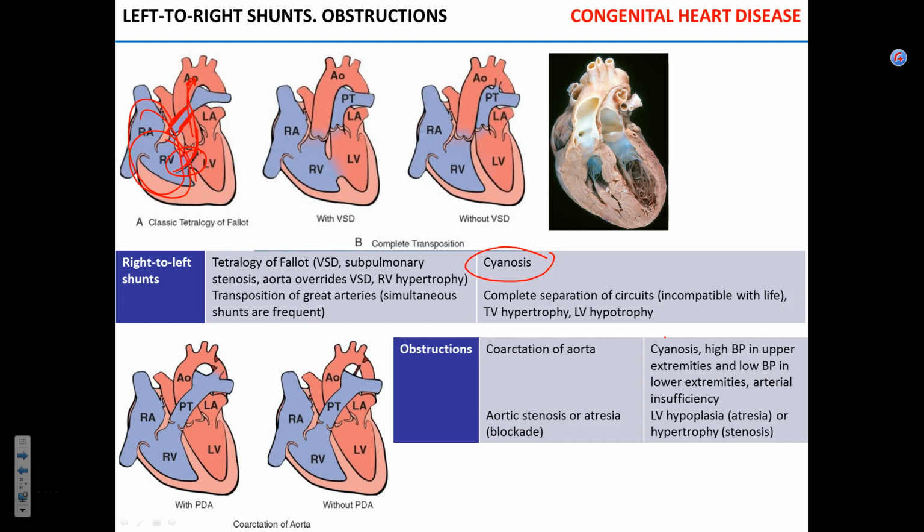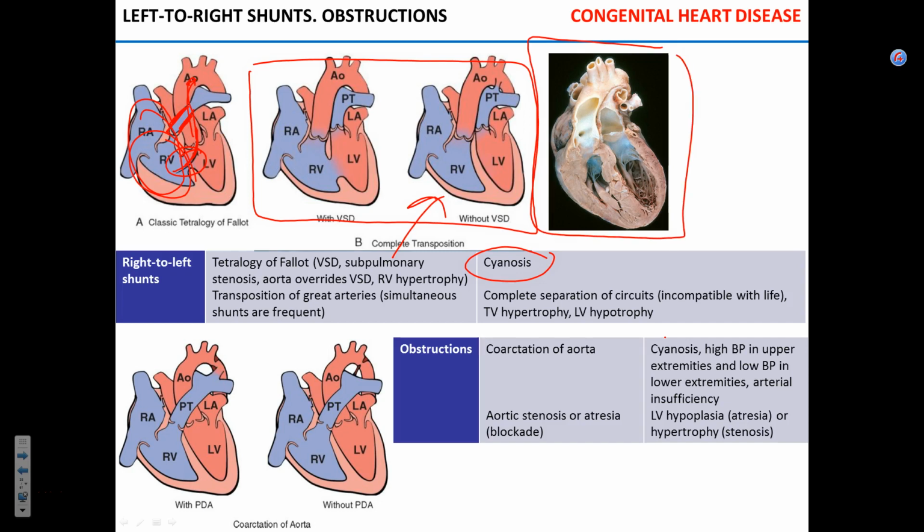Now this condition fascinates me. Look at the left. Aorta, what is it connected to? Right ventricle. And the pulmonary trunk, left ventricle. So the pulmonary circuit and systemic circuit are completely isolated from each other. This is called transposition of great arteries.